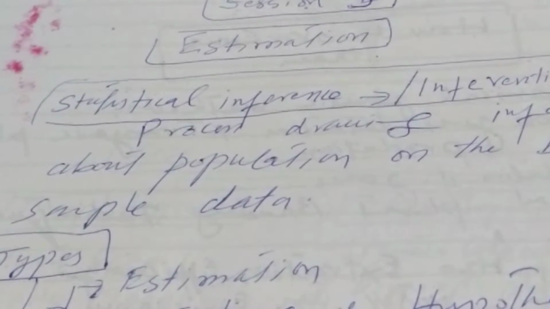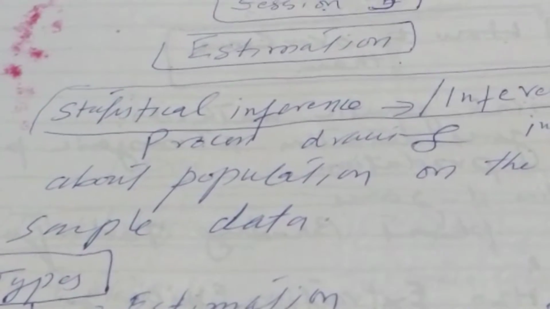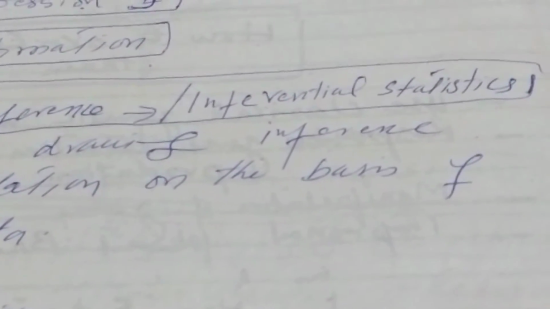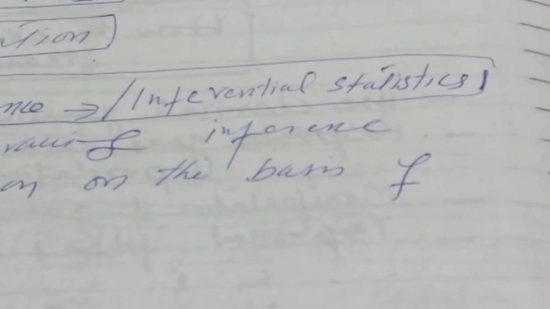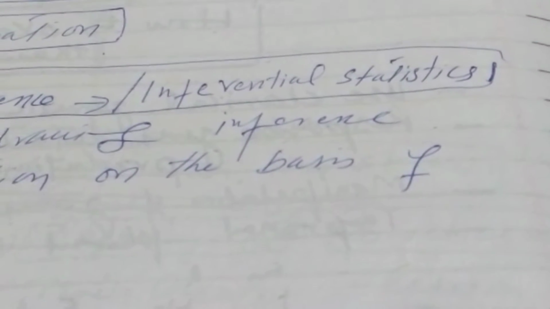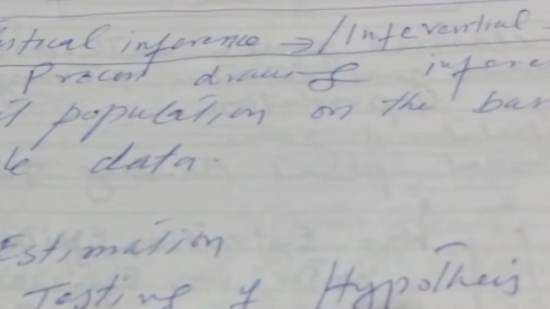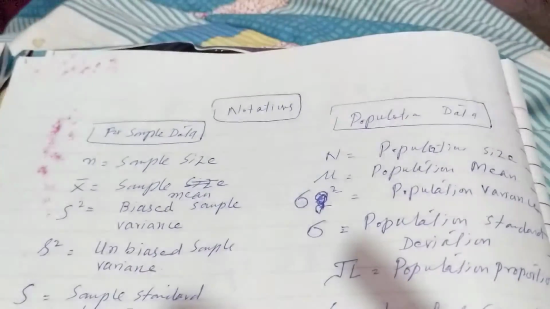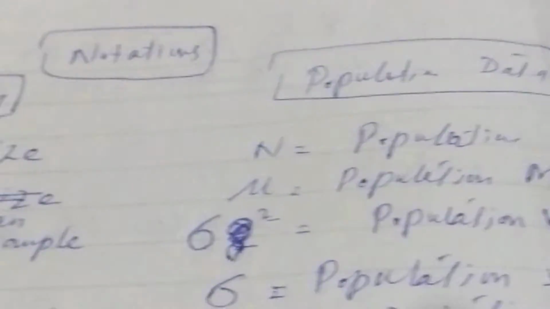Let's start about estimation. Students, statistical inference or inferential statistics is the process of drawing inference about population on the basis of sample data. There are some notations for sample data as well as for population data.